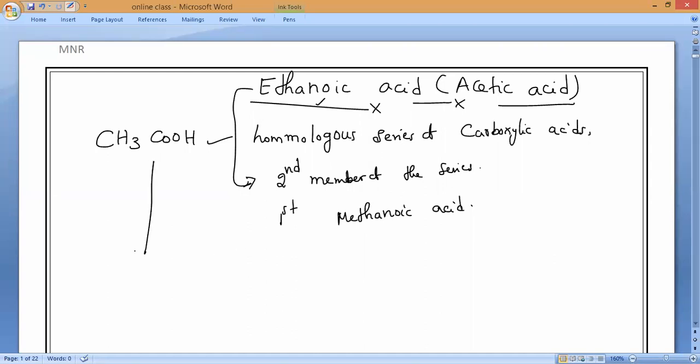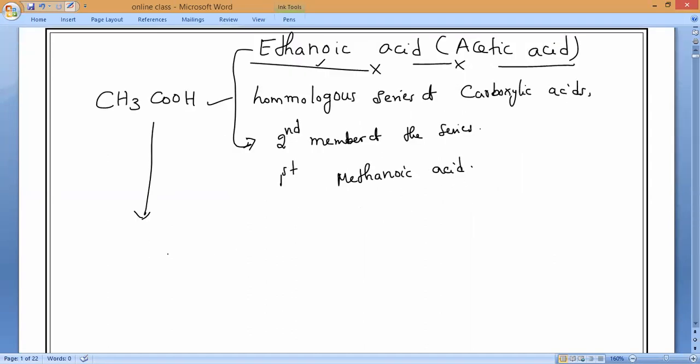Now, let us draw the structural formula of ethanoic acid. What is the structural formula, everybody? C single bond C, double bond O, single bond O, H. So this is the structure. Is it right or wrong, everybody? Yes, this is the ethanoic acid structure.